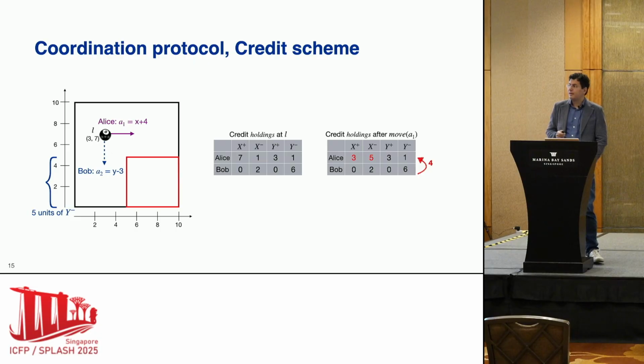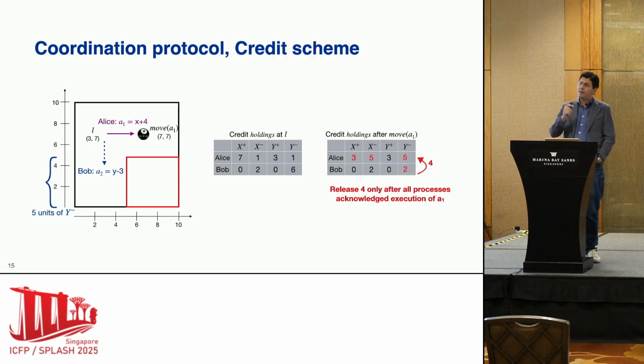So no one, like Bob, can now surprise us, right? And then we do the action A1, and only after everyone acknowledges they have done action A1, we release the locked credit, right? Only then we release it. So now that's good, because if Bob wants to do action A2, he realizes he shouldn't be doing that. He can observe the new state, and he doesn't do it.